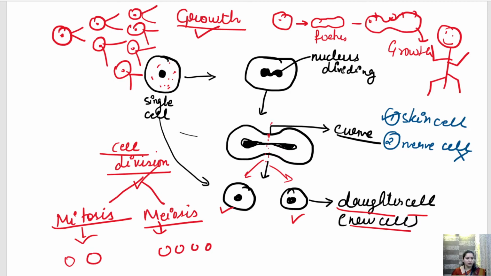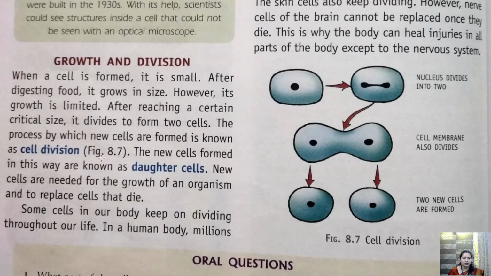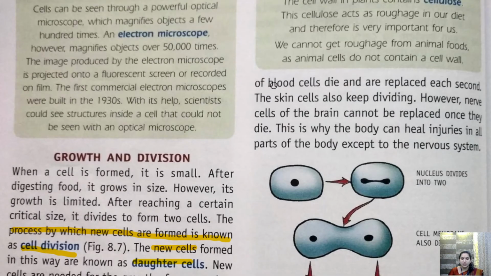Okay, so now coming back to the chapter. So we have talked about the cell division. We have seen what is cell division. The process by which new cells are formed is known as cell division. New cells that are formed are called daughter cell. In humans, we have millions of blood cells that die. We have a skin cell that continuously grows and divides.